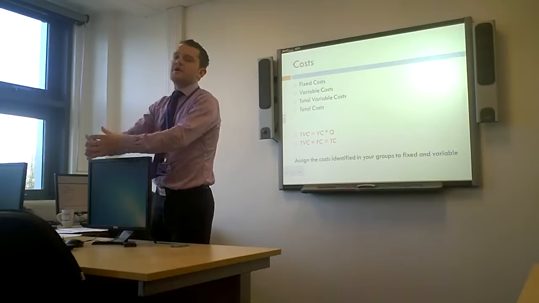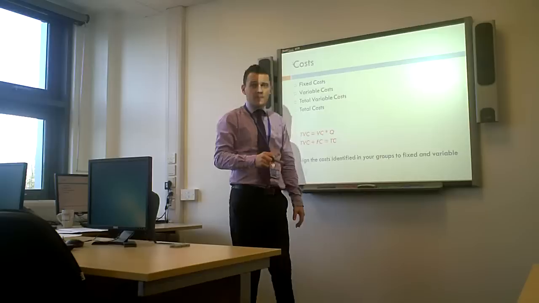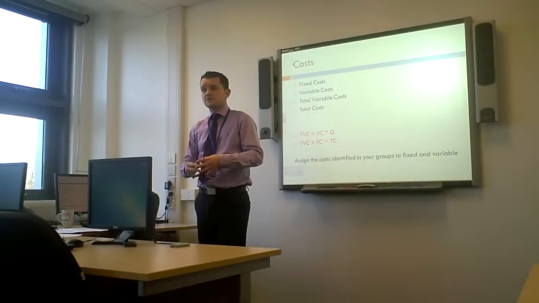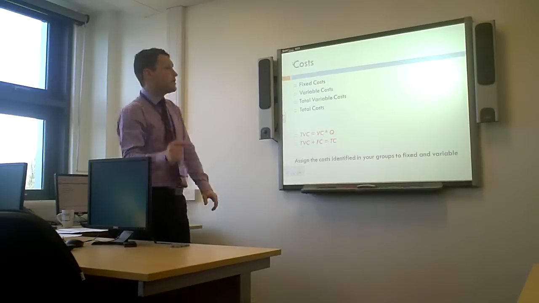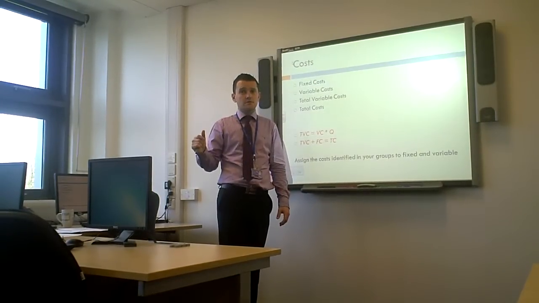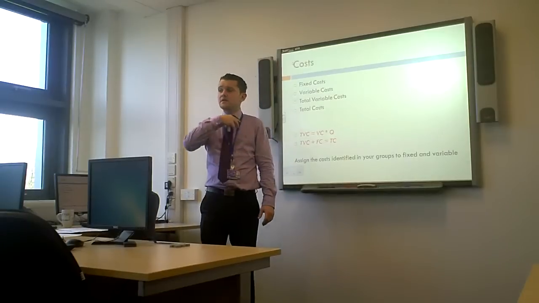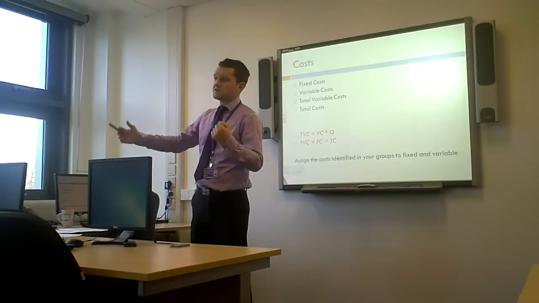So when we define the terms, this is really important. Fixed costs are costs that do not change with output. That last little bit is crucial. Fixed costs are costs that do not change with output. By that, I mean if I was to produce no products, I would have to pay my fixed cost for the month.